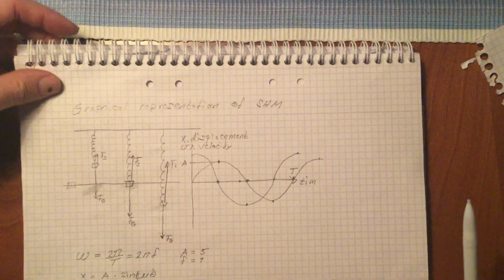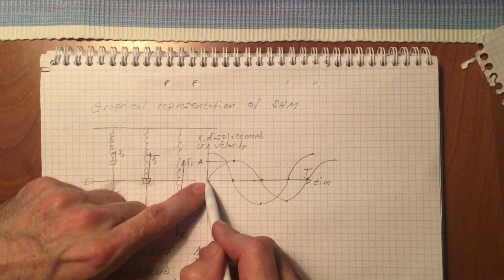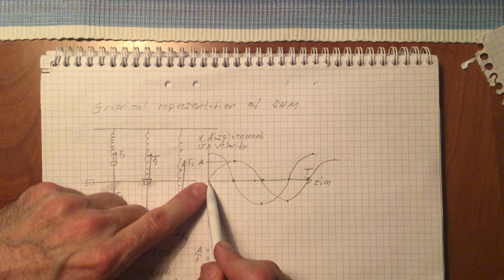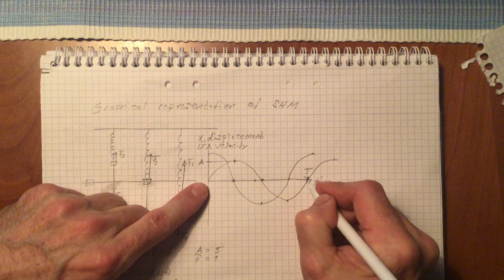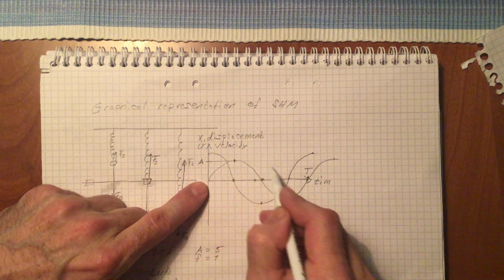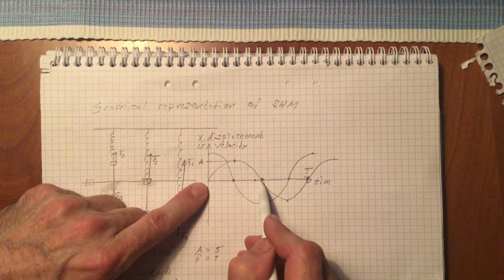I will show you something before we continue with this. There are some positions that are very easy to find. If you know that the time period is 4 seconds, and it's here and it's going upwards, then after 2 seconds the displacement is 0.